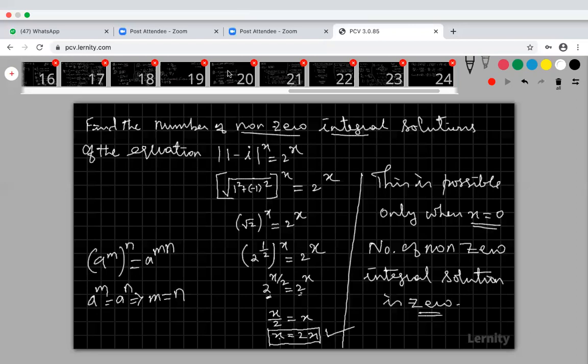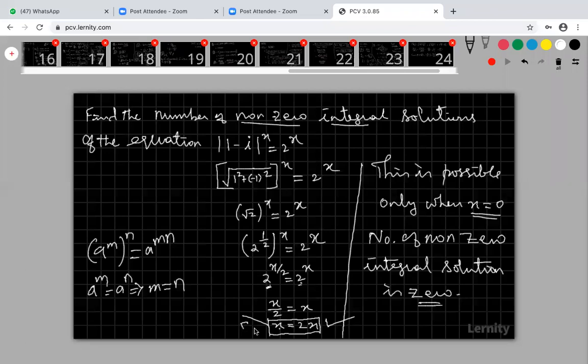Nakshatra, please tell me any x value satisfying this equation. I am getting x is equal to 2x. Is this okay for you, Nakshatra? Please give any one value satisfying this equation.